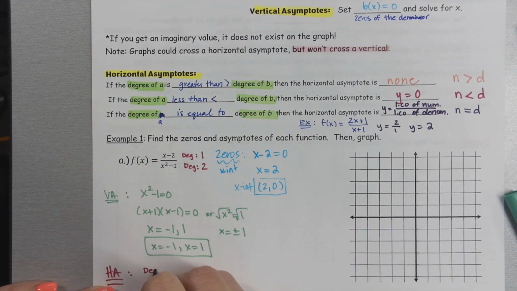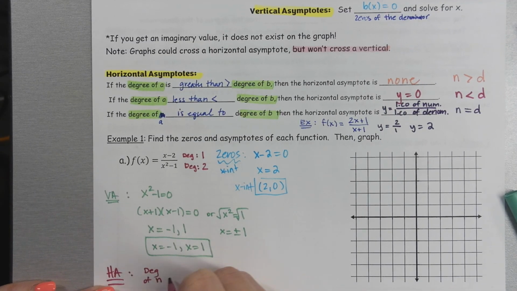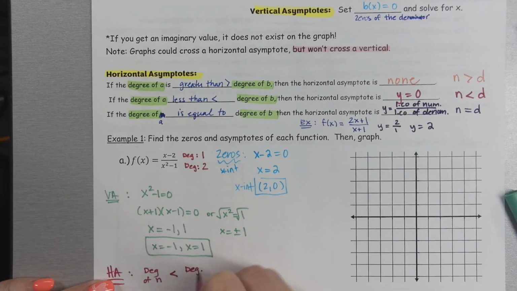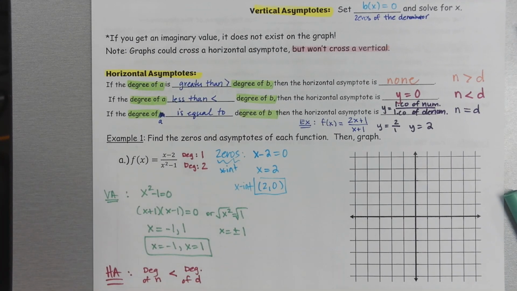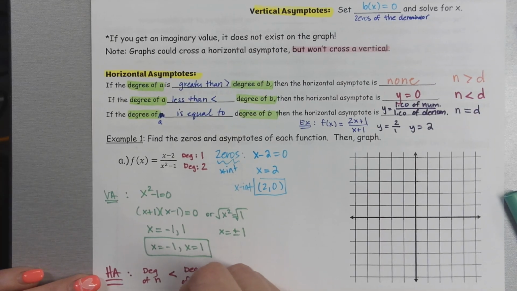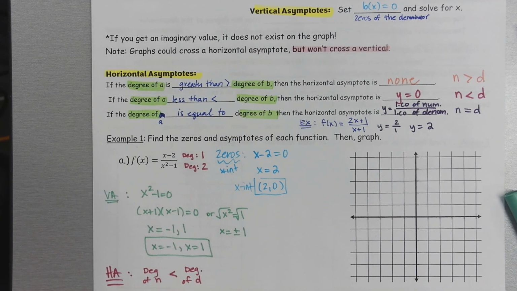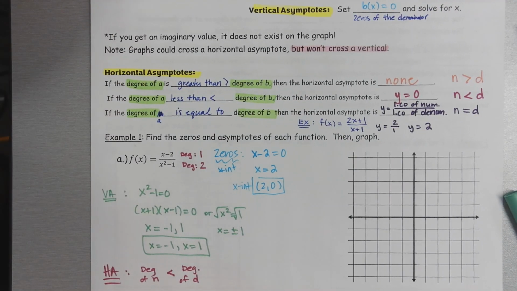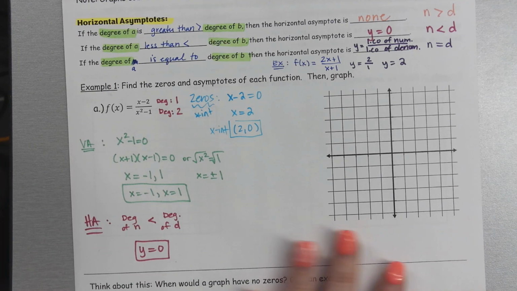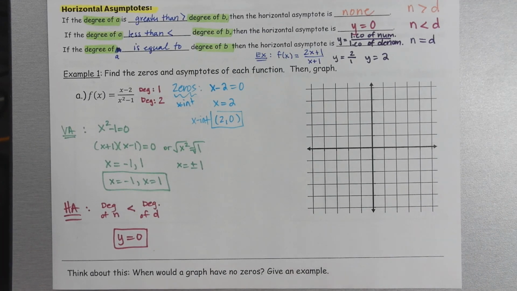So the degree of the numerator is less than the degree of the denominator, which means you follow rule number 2: y equals 0. There are times where in this form it can cross the horizontal. I know that that didn't happen in 9.3 because that was a different type.